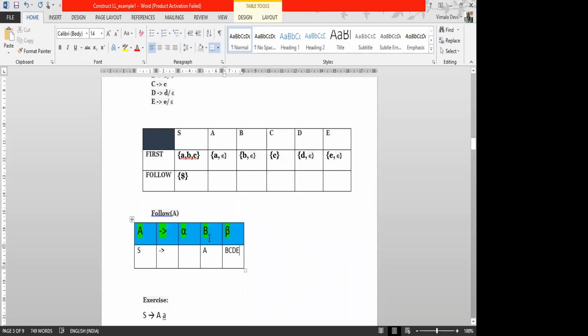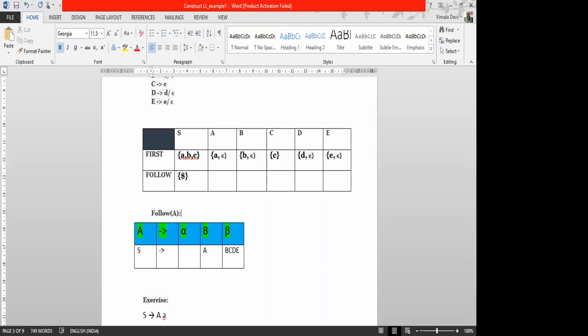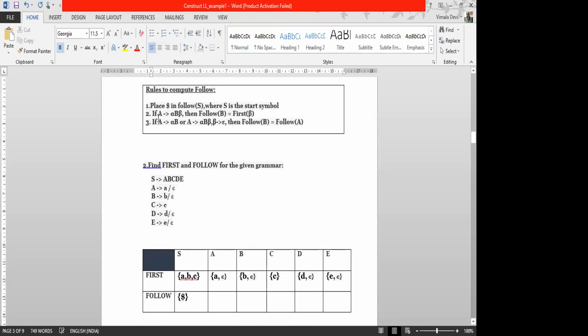And remember that every time we are trying to attempt follow of B, this B is, as per our rule, it is A, right? So follow of A, we are going to compute. Now recollect the rule. If there is beta, follow of B is first of beta. It is the second rule. Am I right? I'll just display once again the rules here.